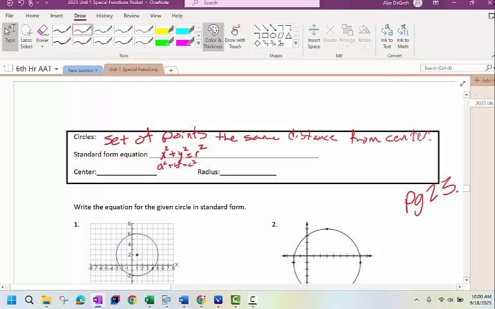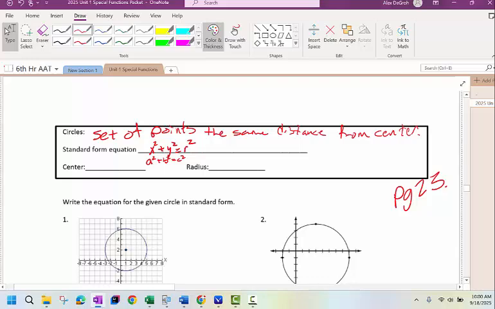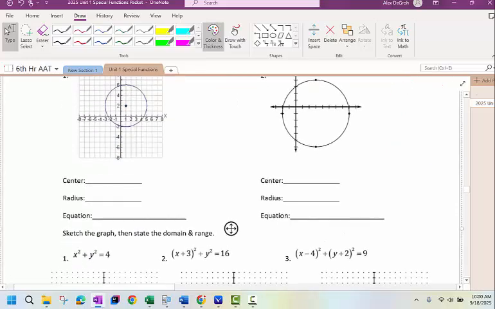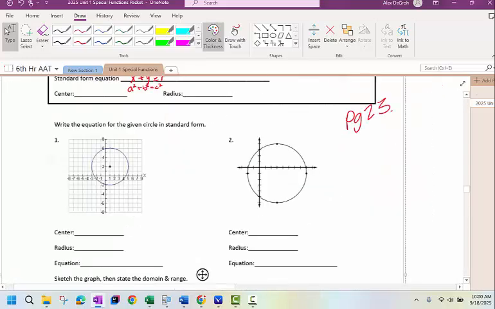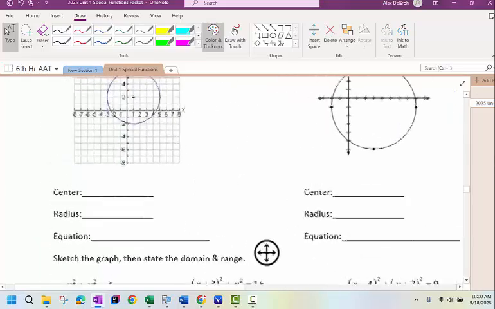But if this was shifted somewhere, so this one would have a center of 0, 0. So in general, if we want to slide this circle somewhere else, because if you look at all of your circles, number 1 down here is centered at the origin, but all the other ones are shifted somewhere else.